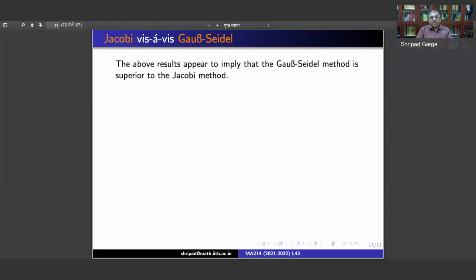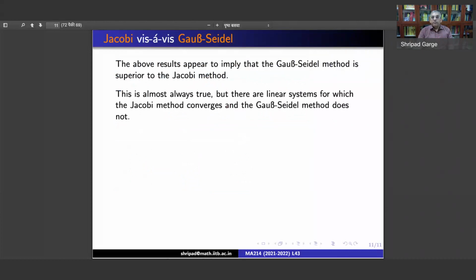So it does imply that the Gauss-Seidel method is superior to the Jacobi method. That is what appears, and this is almost always true. The reason for saying almost is that there are linear systems for which the Jacobi method converges, but the Gauss-Seidel method does not converge. We will try to see some examples in our tutorials, and we will see why this happens.